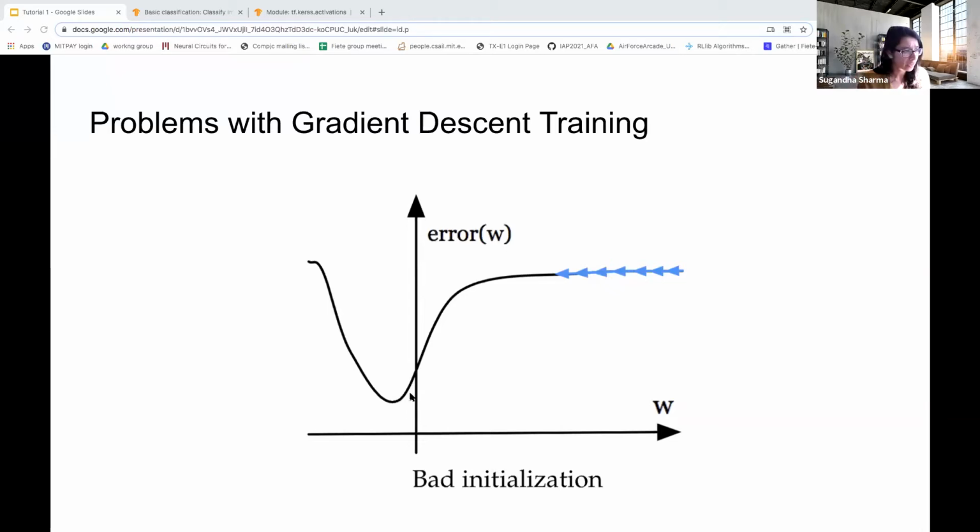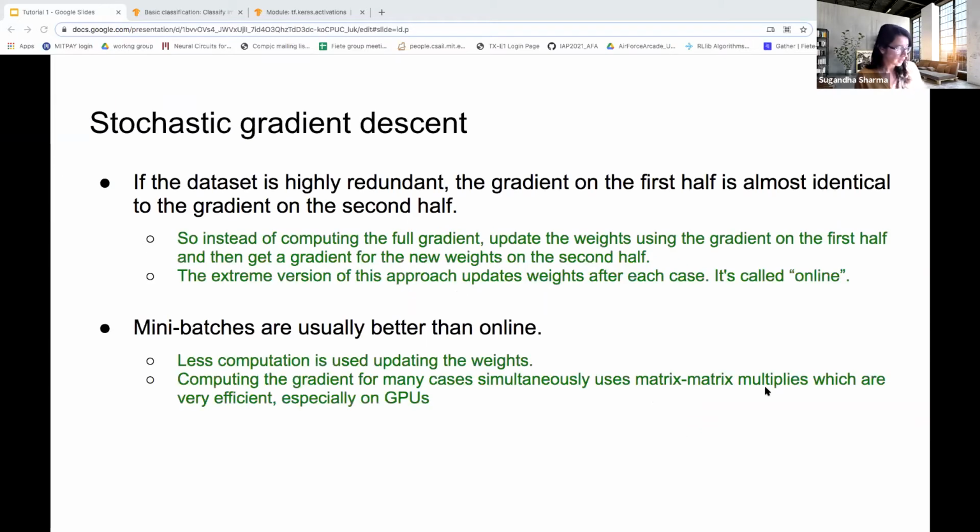One of them is called Adagrad. And this takes us to stochastic gradient descent. So far we've seen that you train on the entire data set, and then you compute one weight update. And then you again train on the entire data set, and then you again compute one weight update, and so on.